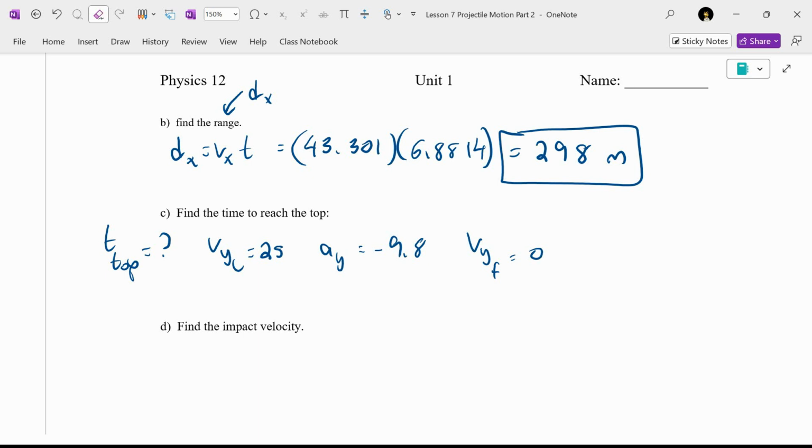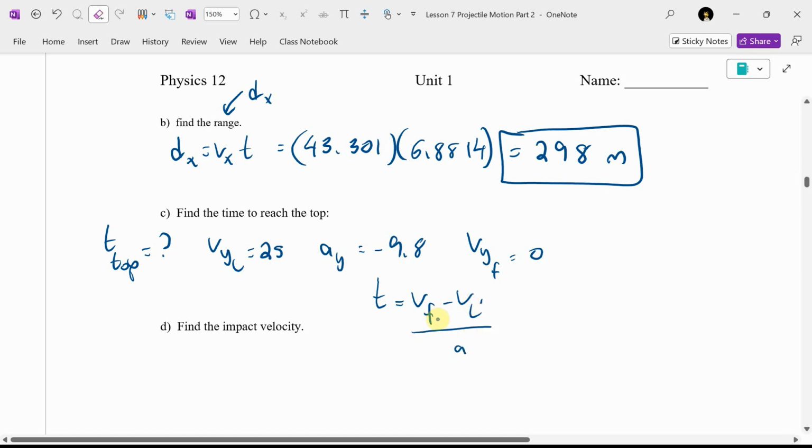Yep. I think that one has a D in it, doesn't it? We heard it over here. VF equals VI plus AT. This is the one they learned first, and they probably memorized it last year out of laziness. It's kind of their familiar, I've used this one so much. Let's get the T by itself. So we're going to use VF equals VI plus AT, but we're going to say that T equals VF minus VI over A, but I'm going to remind myself vertical, vertical, vertical.